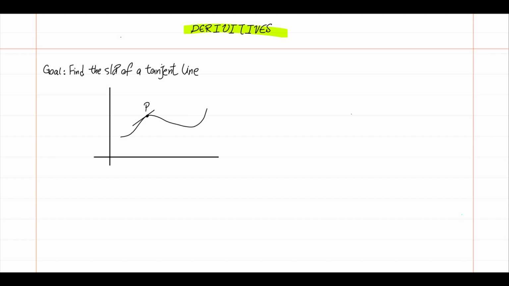Now, a tangent line by definition is a line that touches the curve in one point and one point only.